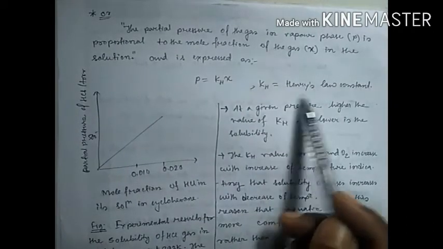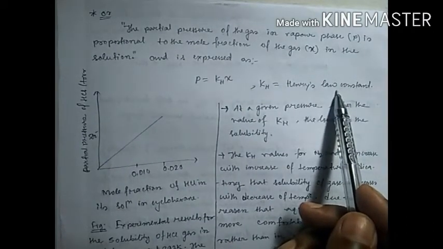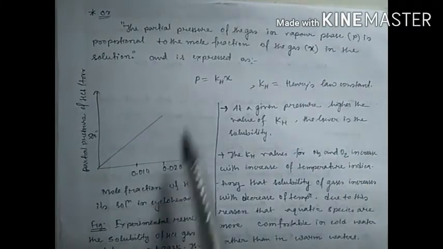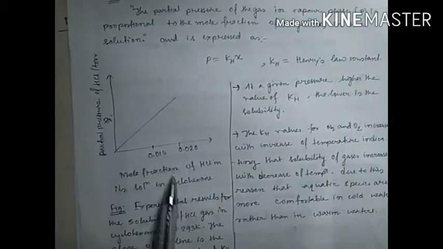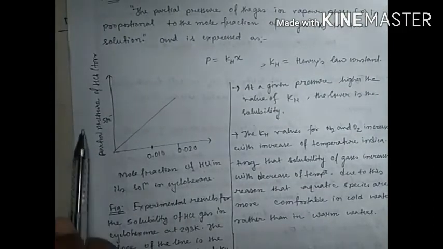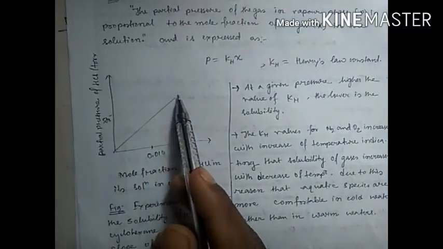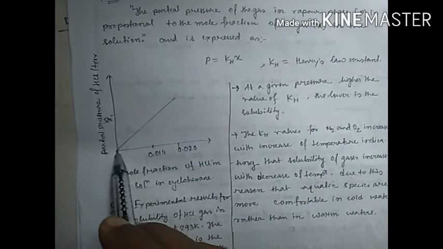KH is the Henry's law constant. Since P is directly proportional to x, the graph between the mole fraction and the partial pressure is linear, going up from the origin.